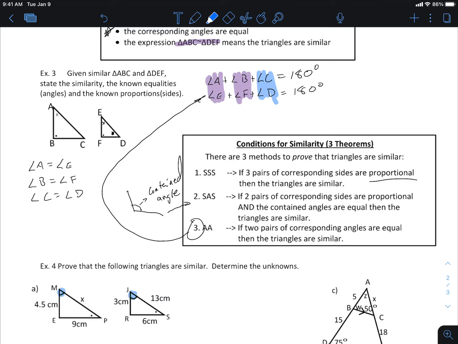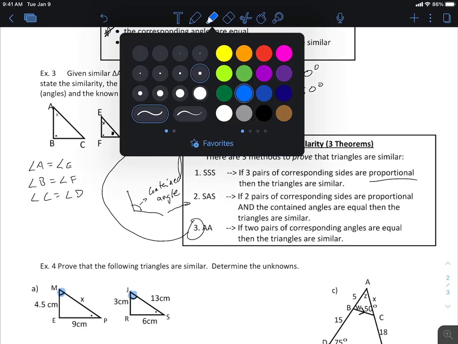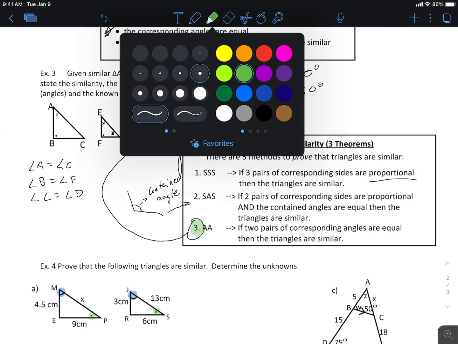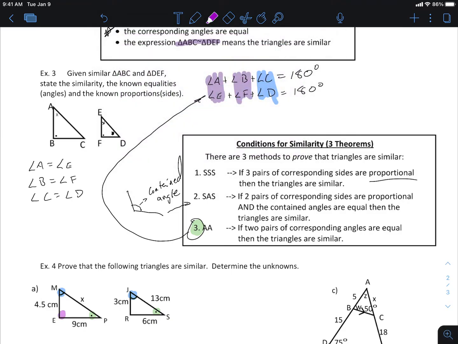It also looks like, just by the way they've denoted the triangles, that this angle matches this one. Well, this meets the third condition for similarity, because I have 2 angles that match, and therefore the third ones must also match, just by default from the rule up here, from a reasoning perspective.